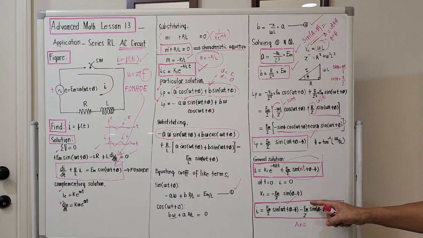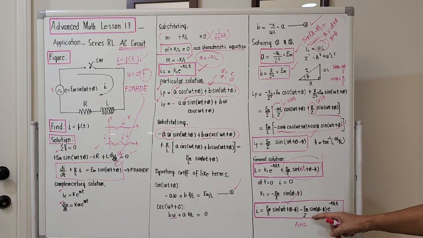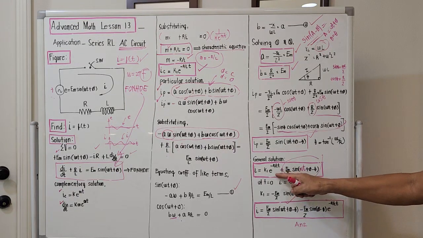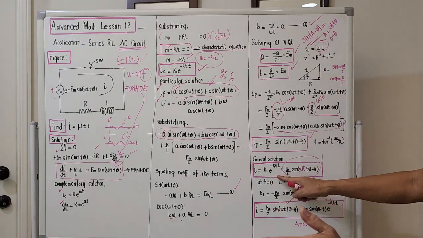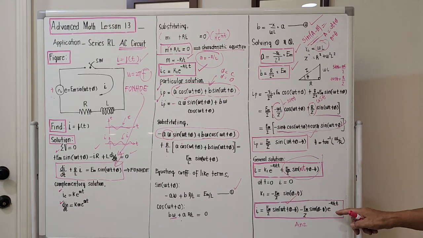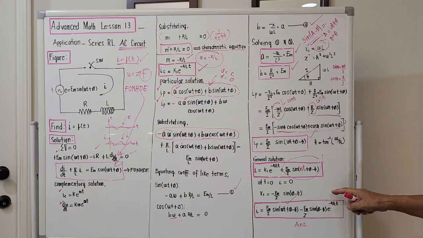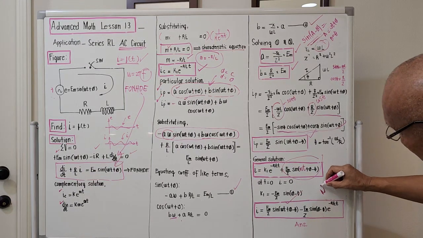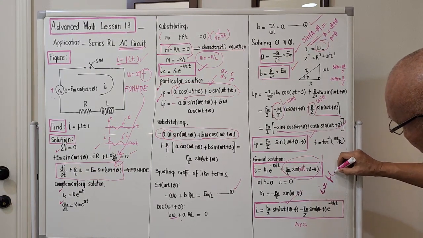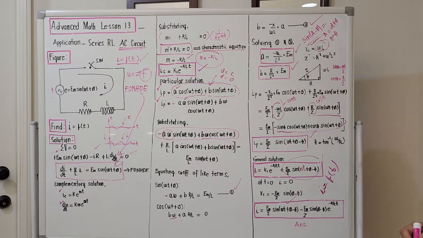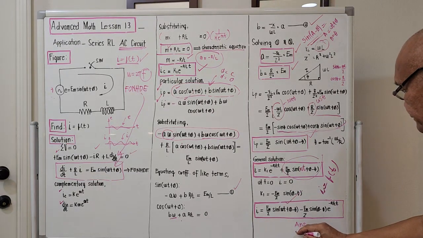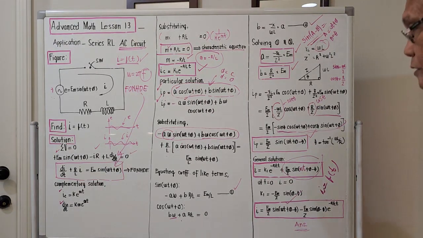So this is now negative E sub M over Z, sine of the quantity angle P minus theta. There is an exponential function here because this is the transient part. This times E raised to minus the ratio R over L times time. So this is now the current as a function of time. Okay, this is our answer.